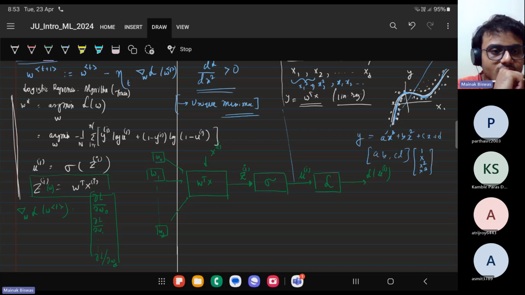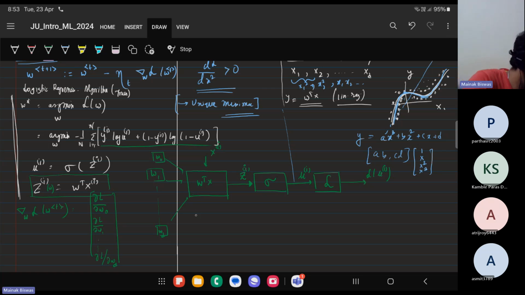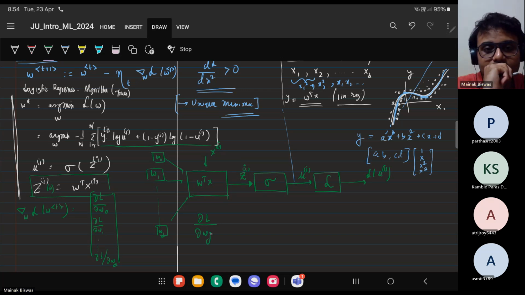Loss function is this function, right? Cross entropy loss. Now what is the end goal I want? dL/dwj, right? The j-th derivative I want. For each of these weights, I want a derivative, yes or no? So that I can do gradient descent.